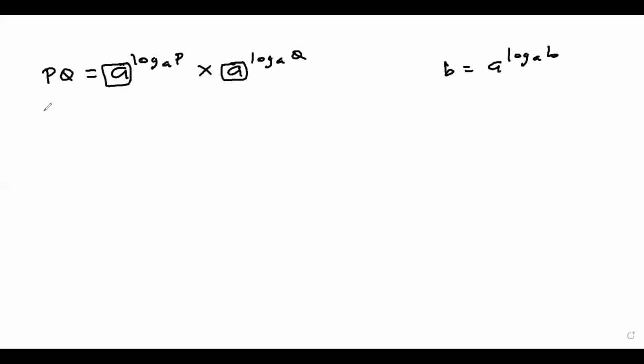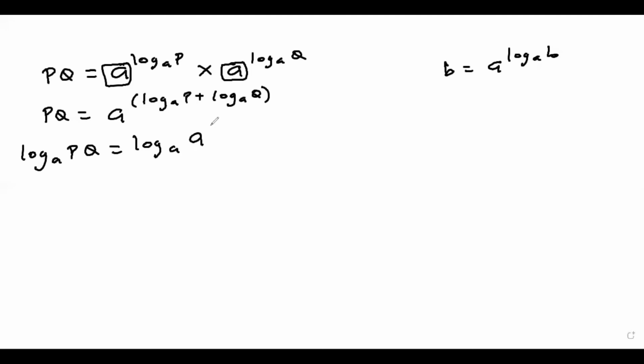So we have pq being equal to a to the log base a of p plus log base a of q. So if we log both sides, it will be log base a of pq being equal to log base a of a to the log base a of p plus log base a of q.